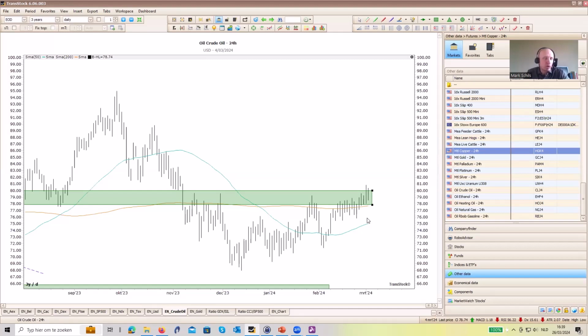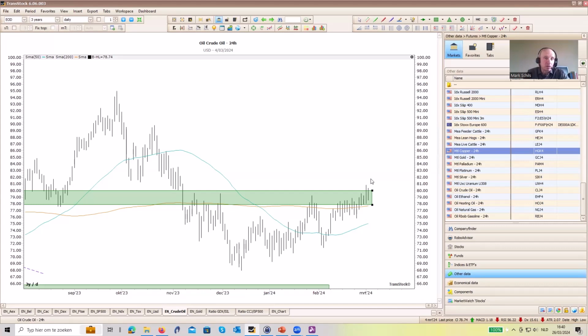That is okay. So if the oil price gets higher than 80 and stays above the 80, I think it's a good time to look at some companies like the big energy companies, Exxon, Chevron, and Mountain Oil, for example.